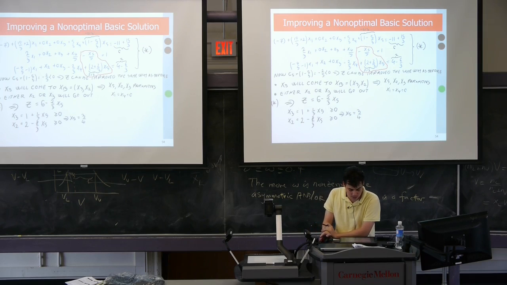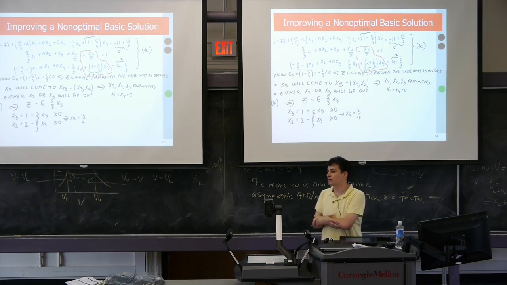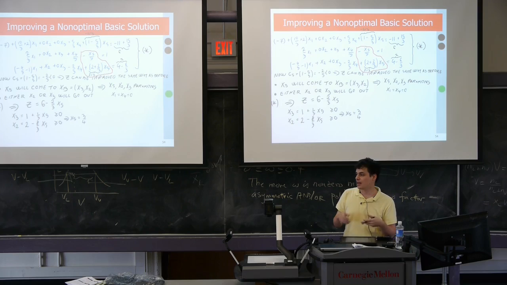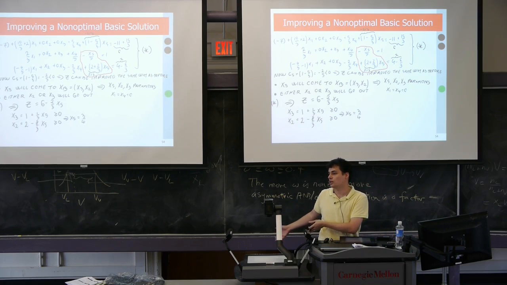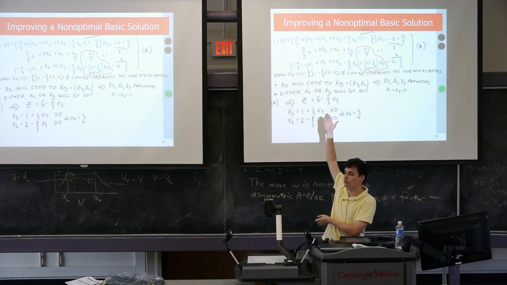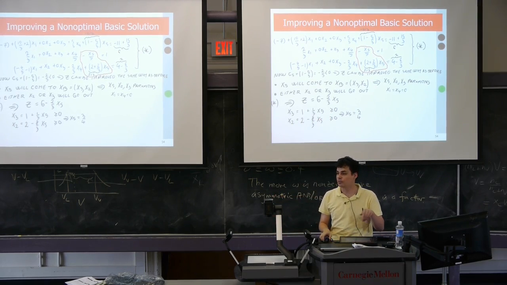Because I just need to set x5 to infinite. The solution would be feasible, and the value of z would become minus infinite. So using these steps, you can check if the optimum value of your cost function is minus infinite or not. If this ever happens, it's minus infinite.